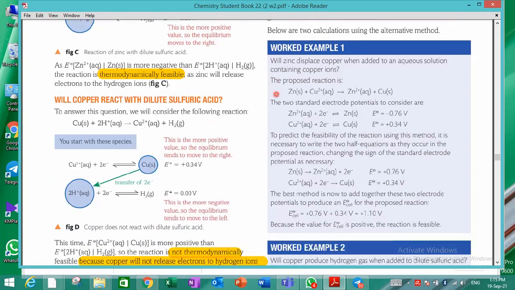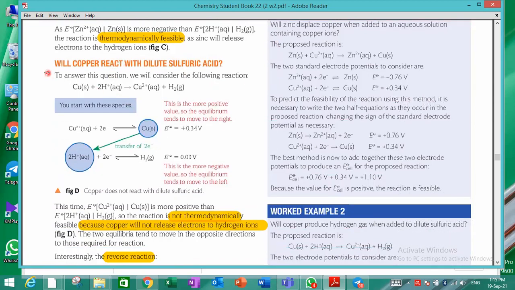Okay, it says here, will copper react with dilute sulfuric acid? Now, we are going to arrange them, the more positive down and the less positive up, as we used to do, because here they did the opposite arrangement. So we are going to write the more negative or the less positive up.